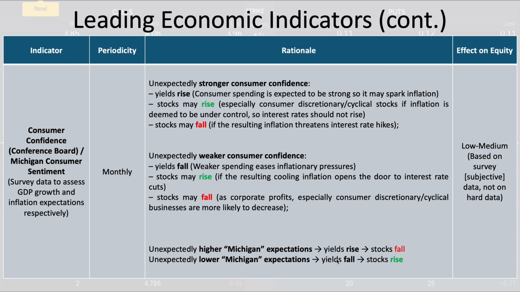Stocks may rise if there is a chance that there will be action by the Fed to lower interest rates, or stocks may fall again if it is not likely that interest rates will come down, and instead the amount of expected corporate profits is expected to be bigger, especially in the more cyclical businesses, which are more likely to be affected by changes in consumer confidence.